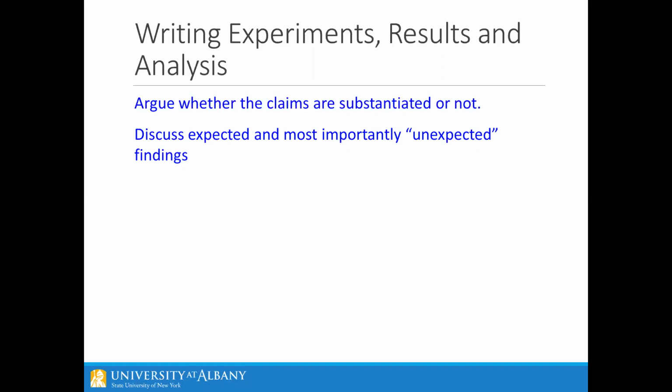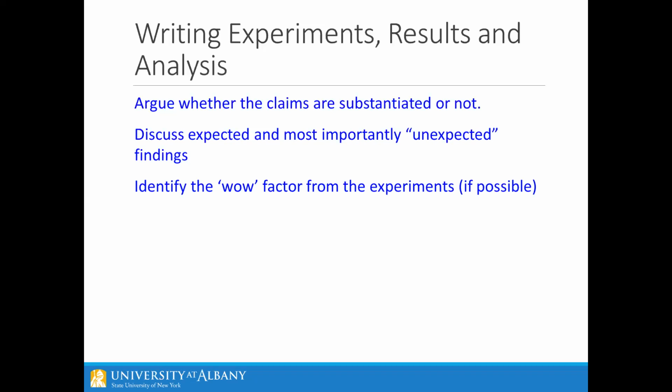Okay, it's not sufficient just to provide graphs and tables and assume that readers will be able to understand those by themselves. No, you need to provide the description. You need to discuss that in the text. So discuss expected findings, and not only that, discuss unexpected findings. So something you were not expecting, but actually you found in your experiments. So that is important. Okay.